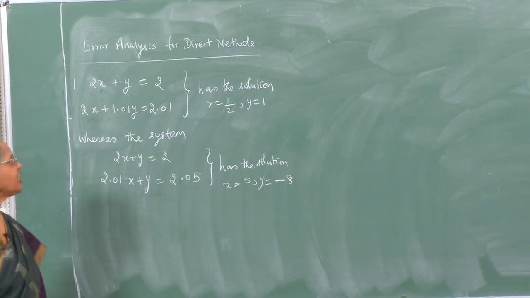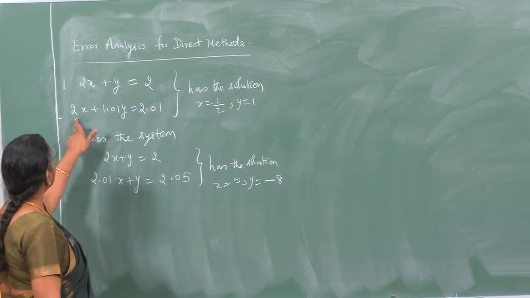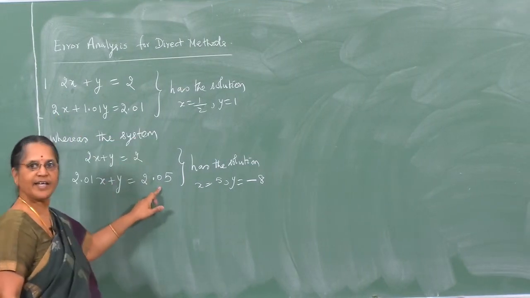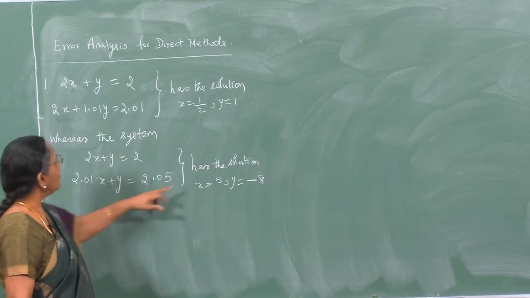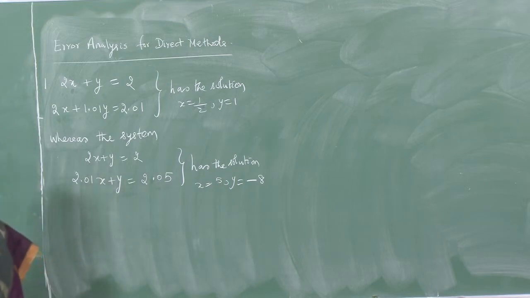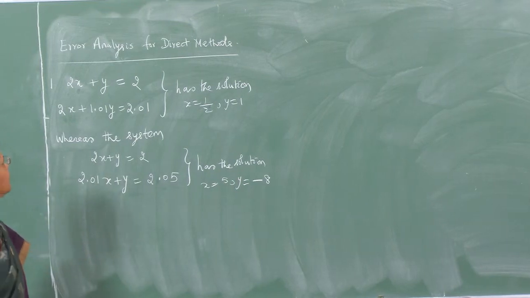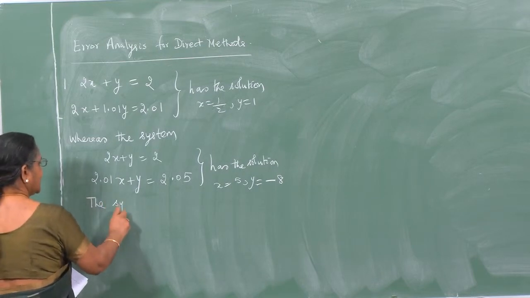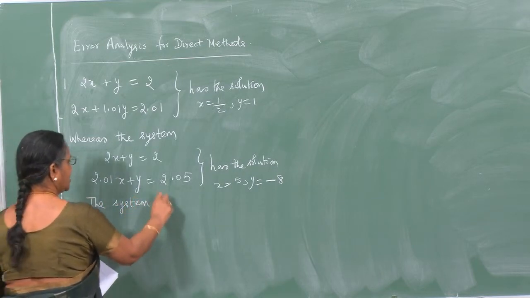So, small changes in either the coefficient matrix or the right hand side vector yield very large deviations in the solution of the system. In that case, we say that the system is ill conditioned.